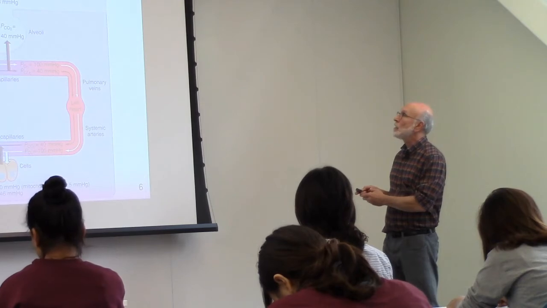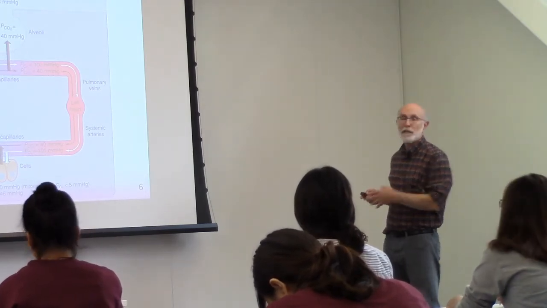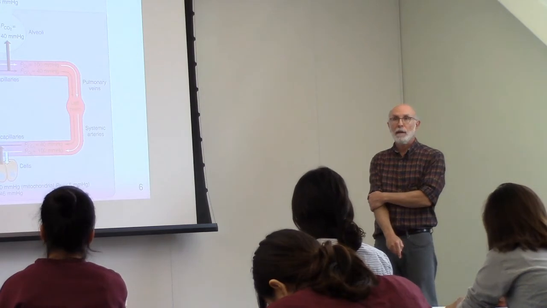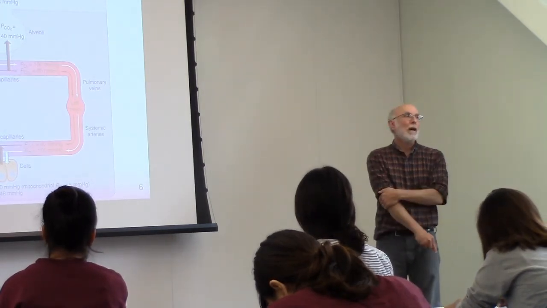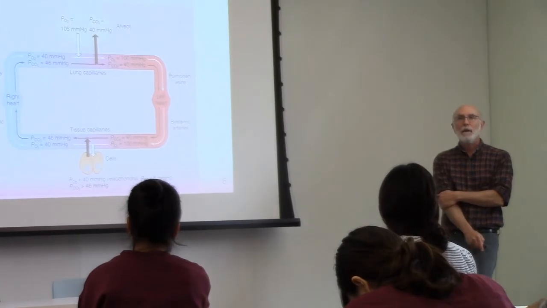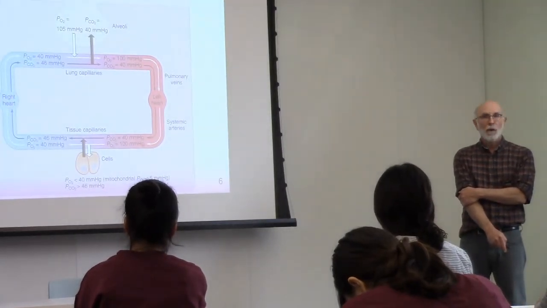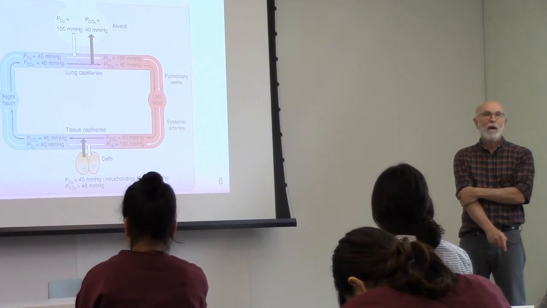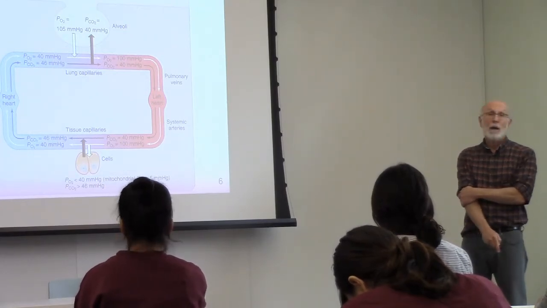I am going to ask you to know that the partial pressure of oxygen in arterial blood is 100 millimeters of mercury, and that's slightly lower than what's in the alveoli. You don't have to memorize 105 if you memorize 100, and you know that that's slightly lower than what's in the alveoli. So 40 and 100 are the only numbers that I want you to memorize here.